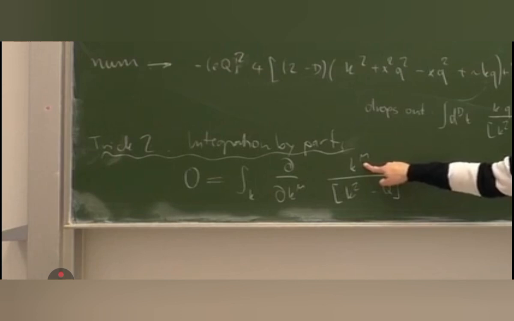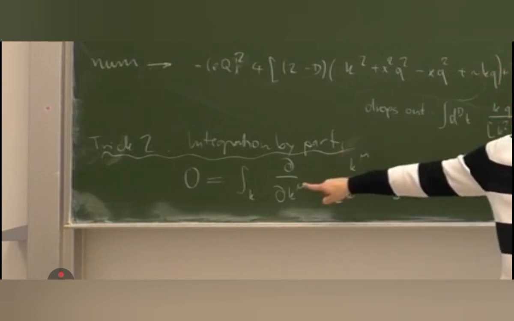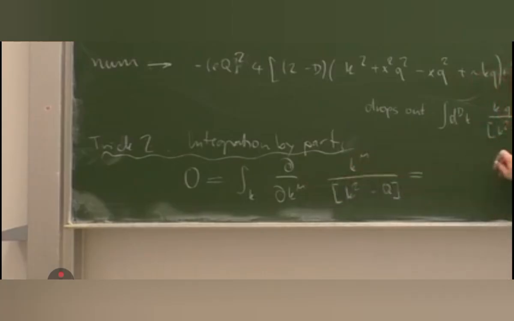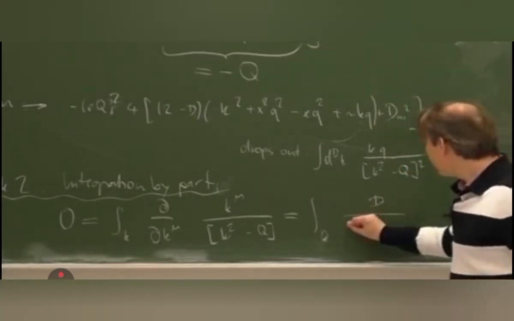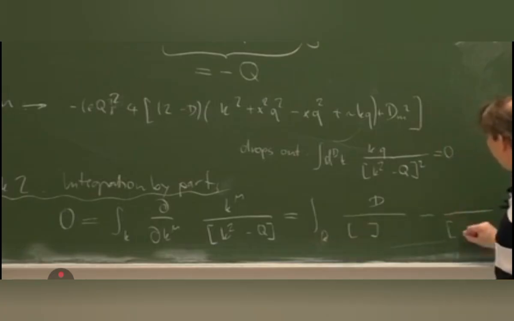K mu derivative with respect to k mu. For each component we get a 1, and we contract over all the components, so we get d, the number d of dimensionality of space-time in the numerator, divided by that denominator. Then from the other term we apply the derivative onto the denominator, so we get minus the denominator squared.